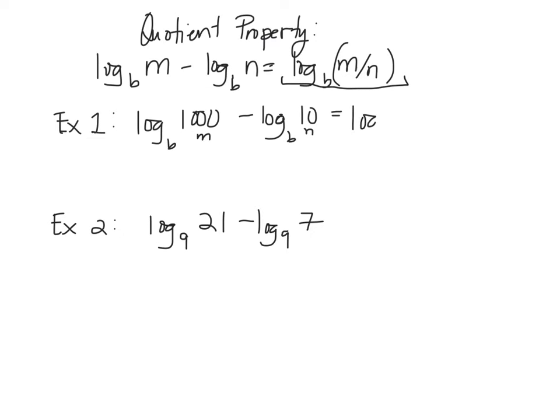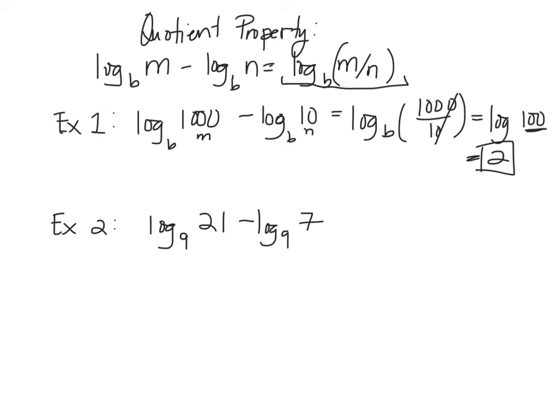So it becomes log of 1,000 divided by 10, where the zeros just cancel out, giving 100. And log of 100, because there are 2 zeros and the base is 10, is 2. So the answer should be 2.